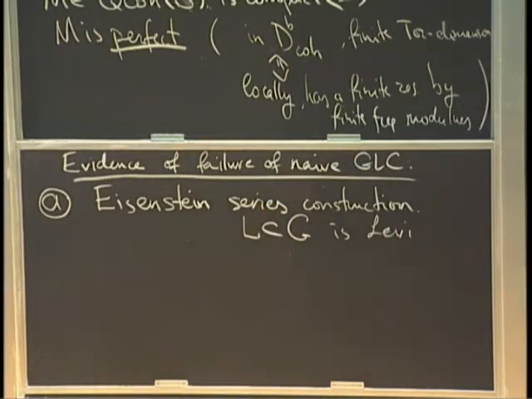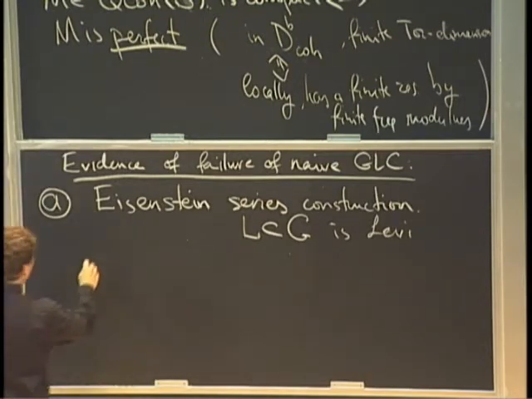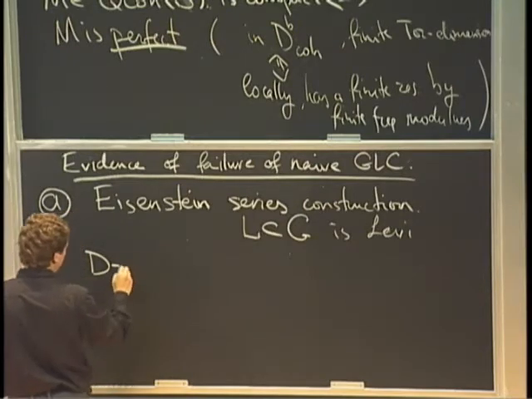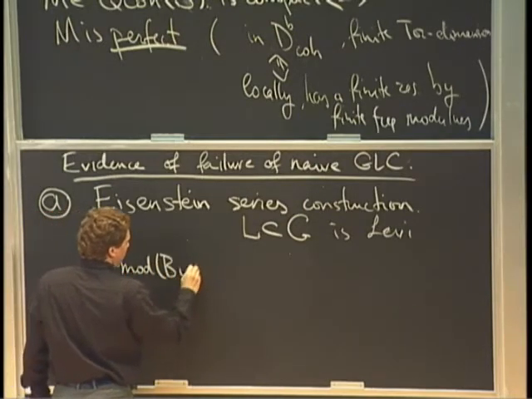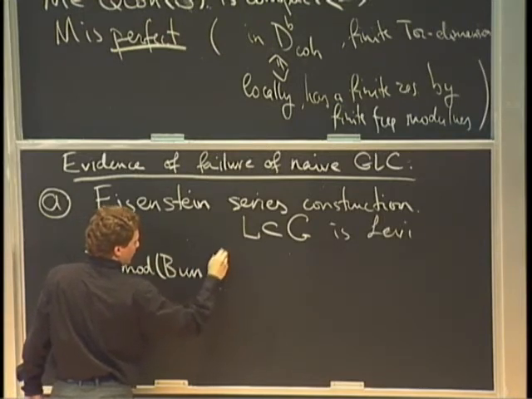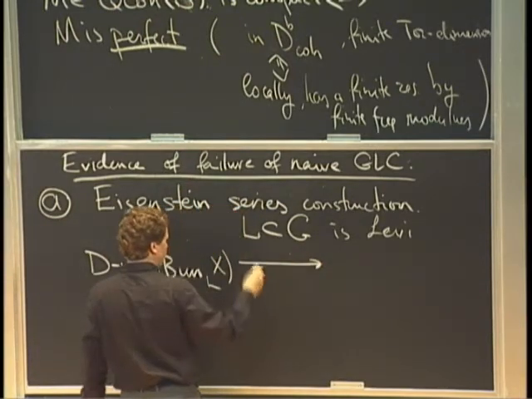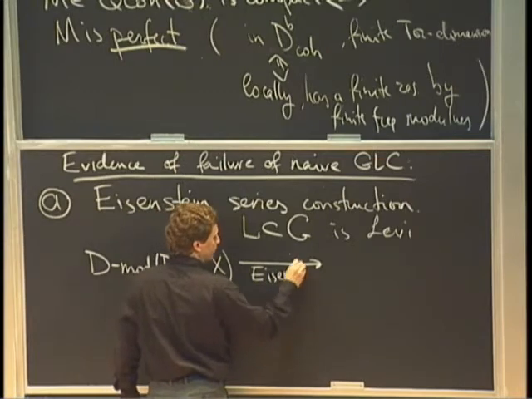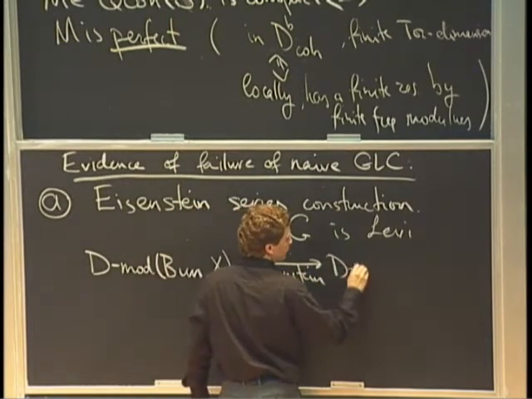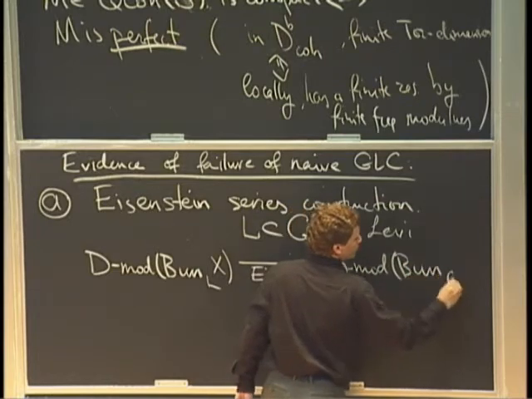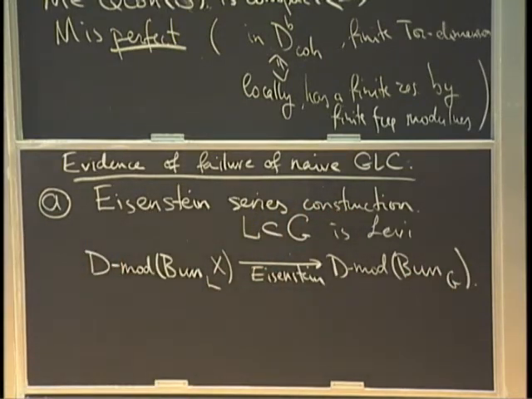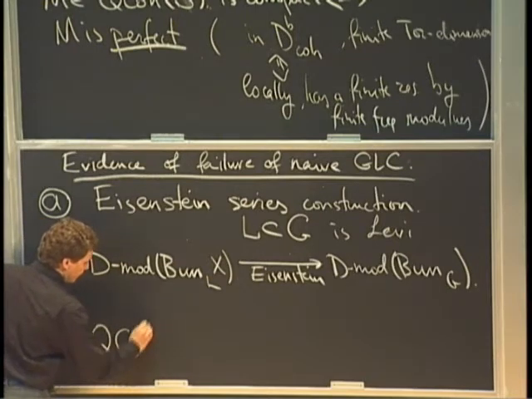Then we can define Eisenstein functors, Eisenstein series functors, from automorphic D-modules for L to automorphic D-modules for G. And also we can define their counterparts on the Galois side of the geometric Langlands.